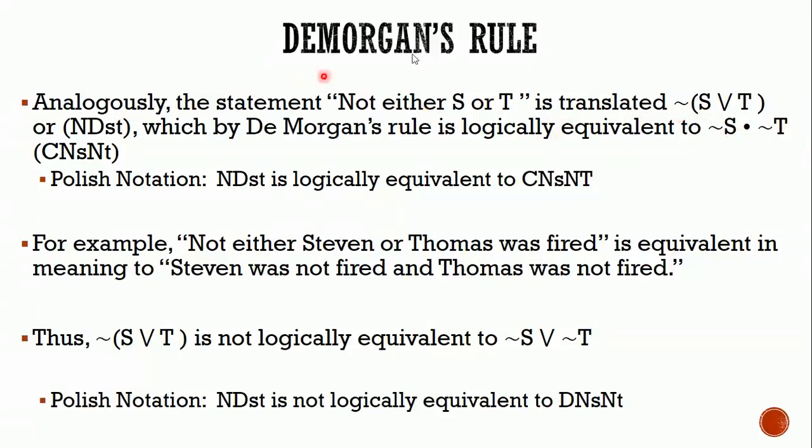Basically, this will be a handy rule to use. The statement "not either S or T" is translated like this, which by De Morgan's rule is logically equivalent to this. You'll be using this a lot in a week or two.